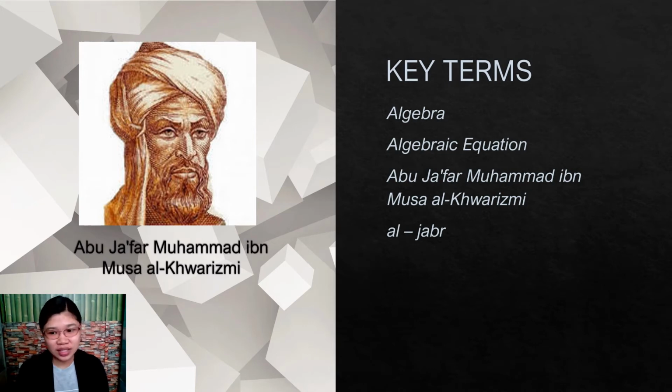And as you can see, the picture here is of the reason why algebra exists. He is Abu Jafar Muhammad ibn Musa al-Khwarizmi. I've been searching on how to pronounce his name, but I failed to find it.